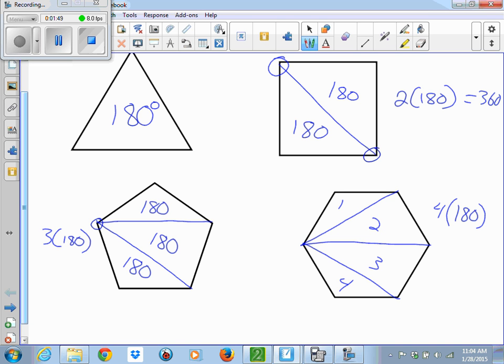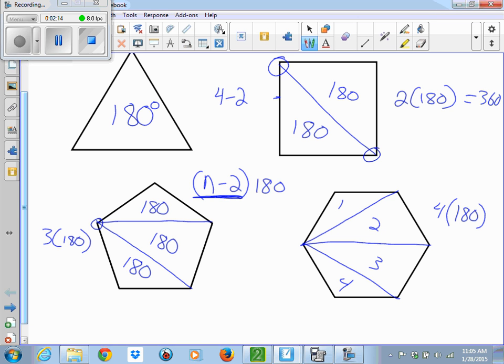The formula that we're actually going to use is we're going to take the number of sides, subtract 2, and then multiply by 180 degrees. This n minus 2 is the number of triangles that are inside of that shape when you draw the diagonals. So if you look at a rectangle, a four-sided figure, we have 4 sides.